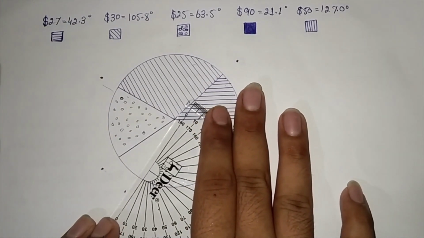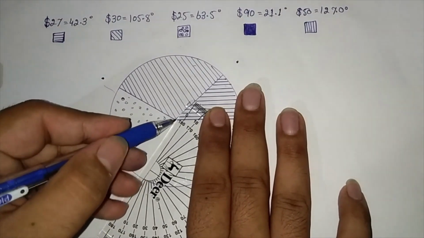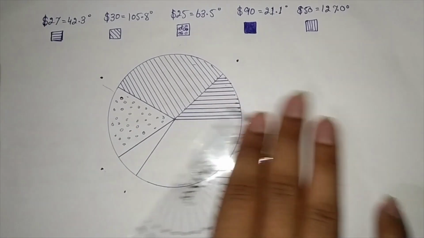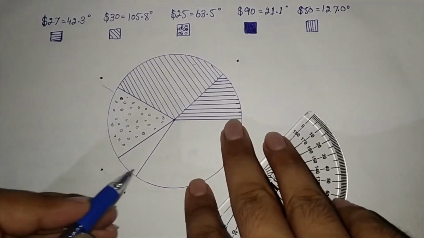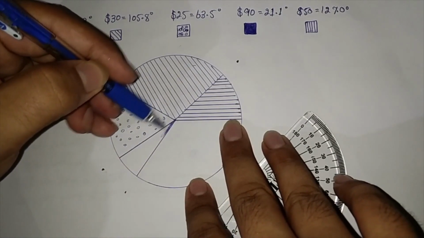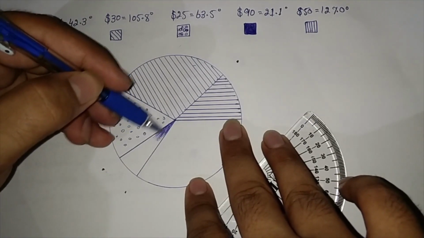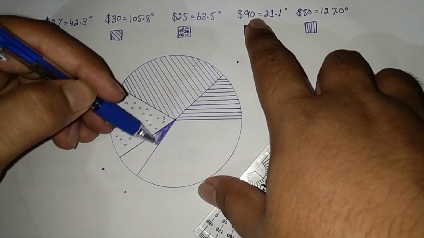So let's draw a mark. You can see this one. Clear? So here we have 21.1 degrees. You have to color it like that to show that this slice belongs to this one category.